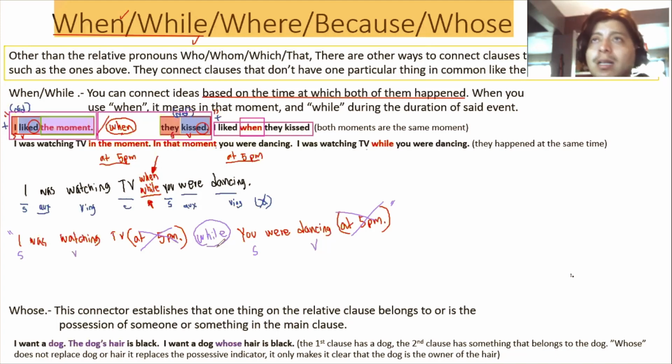Ya no necesito decir la hora, porque ya con mi conector, bueno, si quiero decirlo al final, while you were dancing at 5 p.m. Ok, mientras tú bailabas a las 5 de la tarde. Pero ya no necesito decirlo dos veces para que se sepa que las dos pasaron al mismo tiempo. ¿Sí? Así es como se usa este tipo de conector.